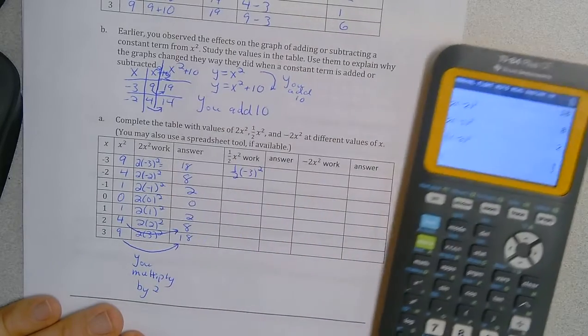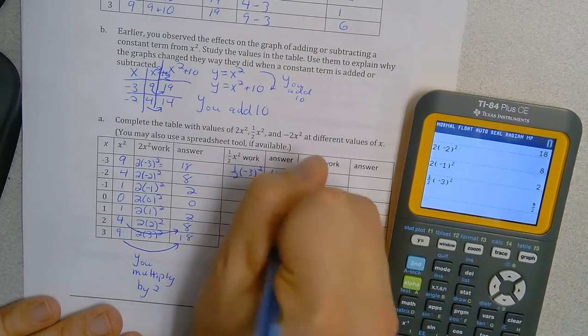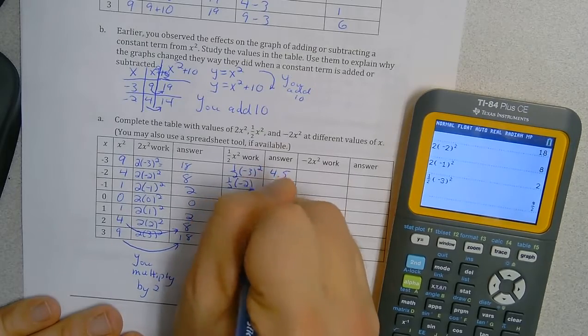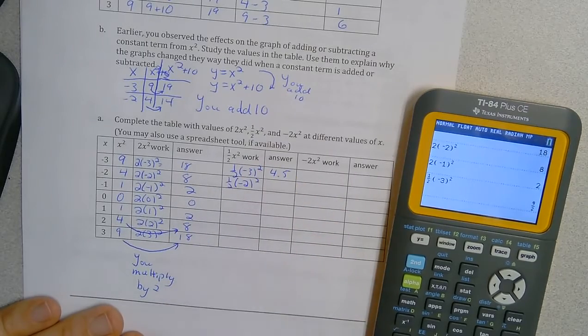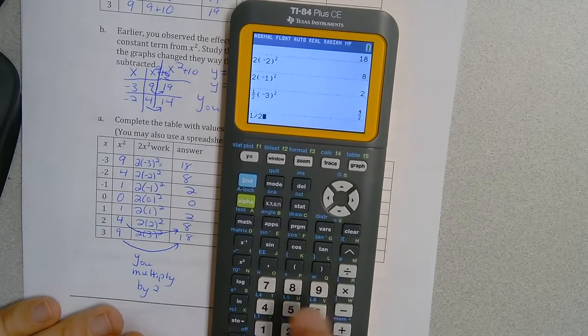And I got 9/2, or 4.5. And then 1/2 times -2 squared. And if you don't want this in fraction form, if you just type in 1 divided by 2, it'll put it as a decimal for you.